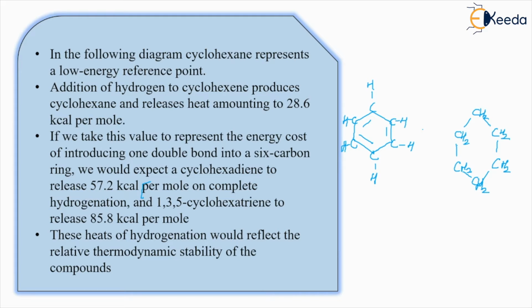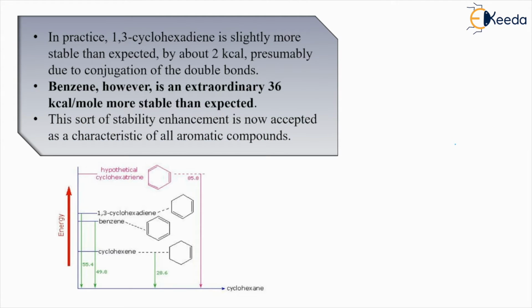These heats of hydrogenation reflect the relative thermodynamic stability of the compounds. If you can see over here, we can see cyclohexane and we can see energy. Benzene, however, is an extraordinary 36 kilocalories per mole more stable than expected. Benzene is much more stable than cyclohexane. This is much more than expected.